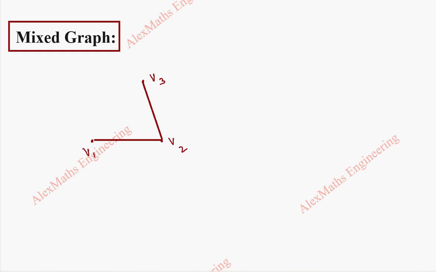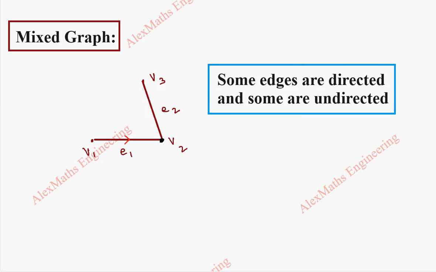Suppose I give a direction for the edge e1 but I do not give any direction for the edge e2, then this is a mixed graph, because e1 is directed, it shows a direction where the edge e1 is incident on the vertex v2, but the edge e2 is undirected. We don't know whether the edge e2 is incident on v3 or v2. So this is called a mixed graph. Some of the edges are directed and some are undirected.